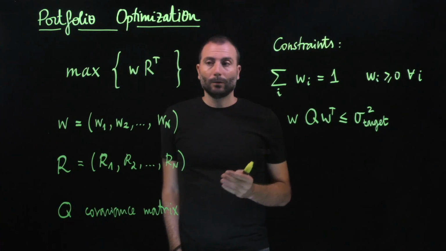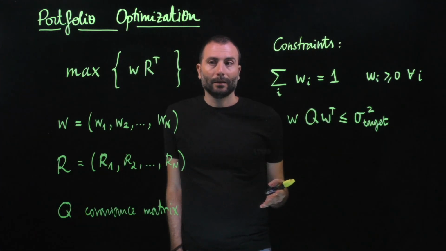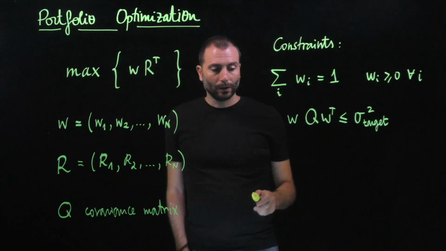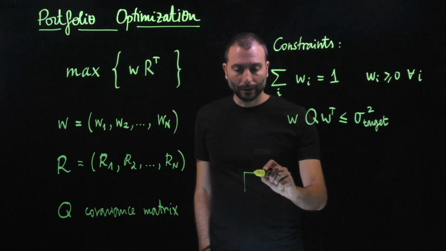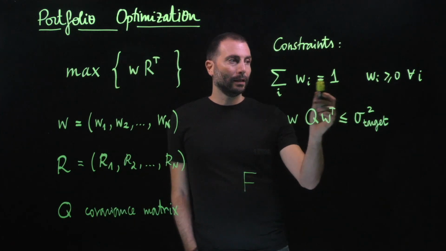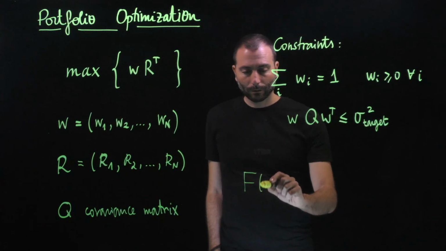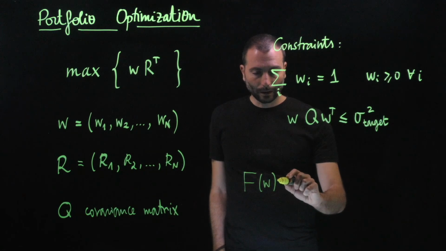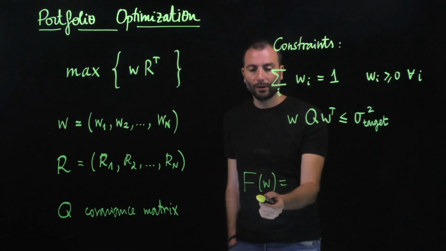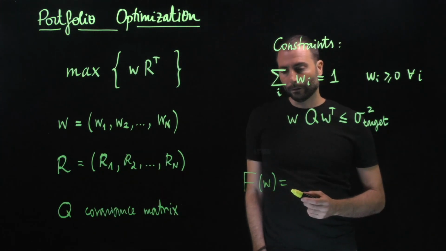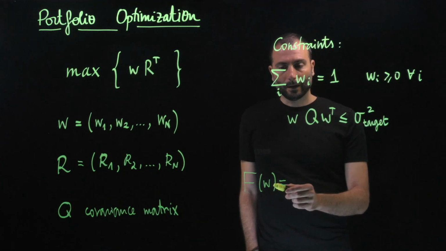The last thing that we have left is writing the expression, the function that we want to minimize, taking into account the constraints. The cost function we would like to minimize is as follows.